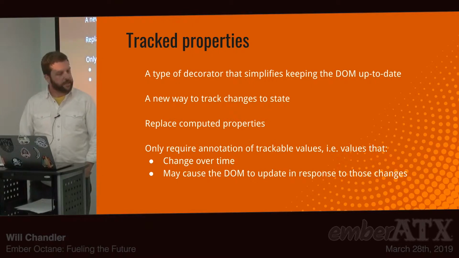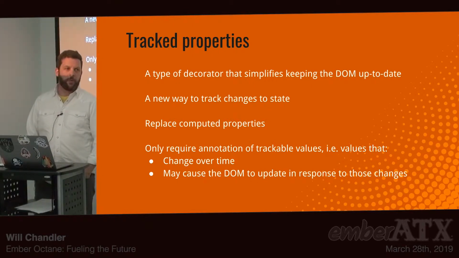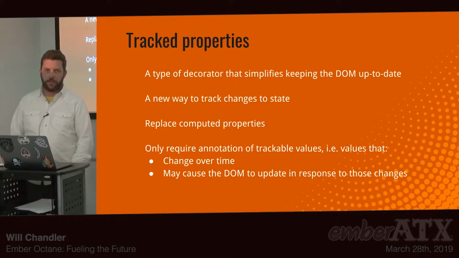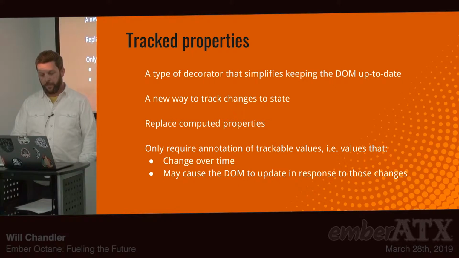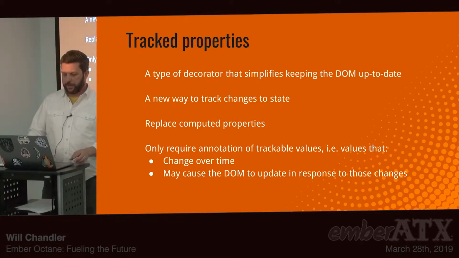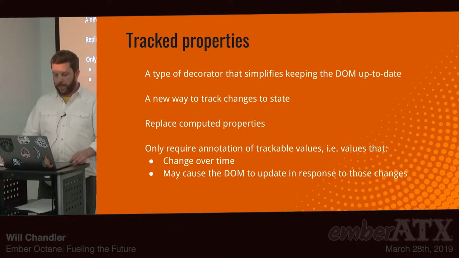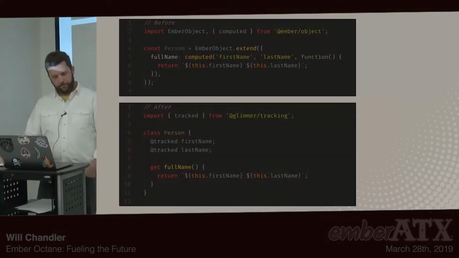I'll show an example after this, but it's basically going to replace computed properties. So tracked will allow you to keep track of state on properties throughout the UI. The nice thing is you really only have to annotate values that are trackable, those that may change over time or those that impact how the DOM is rendered.